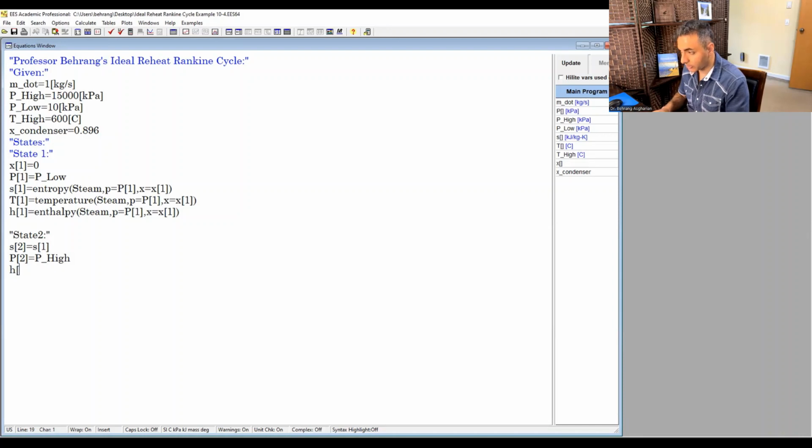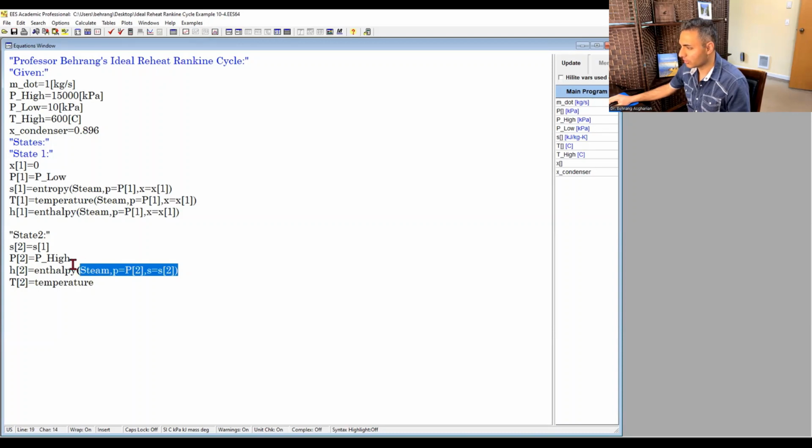What do I need? I need H2. H2 is the enthalpy of steam when P is P2 and S is S2. I got it. Do I need other things? The reality is that I don't need T2, and T2 is pretty much T1 because it's liquid water, but sure, whatever.